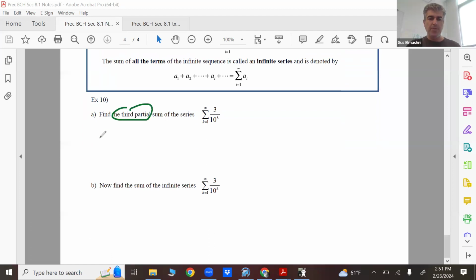So to find the third partial sum would mean that k equals 3. So you do 3 over 10 to the 1 power plus 3 over 10 squared plus 3 over 10 cubed.